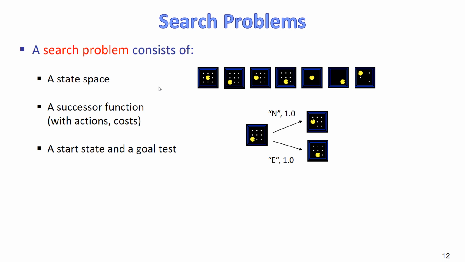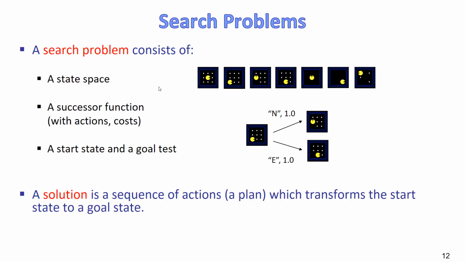So if I have a real problem converted into a search problem using these 4 things, then any algorithm that I have to solve the search problem can solve the real problem, because I modeled it into a search problem.